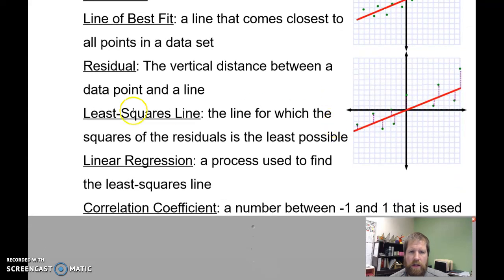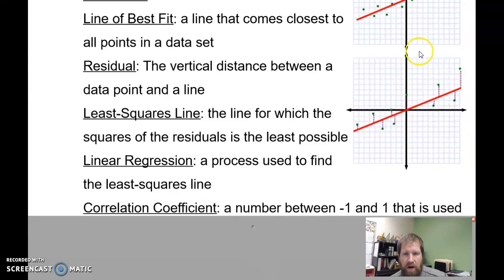Okay. Least squares line. So we square the value of the residual, and we do that for a couple reasons, partly to make all of our values positive, but also so that points that are very far away count more against this being a good trend line, right?